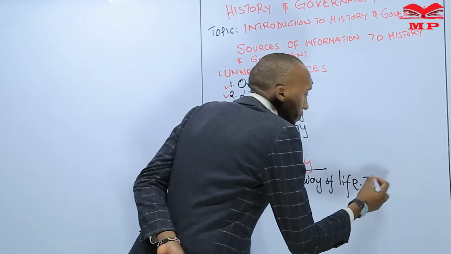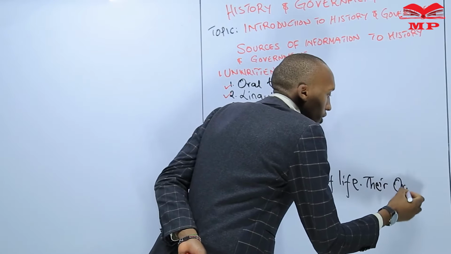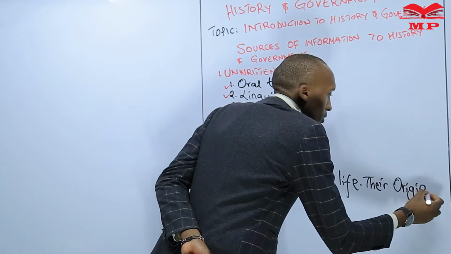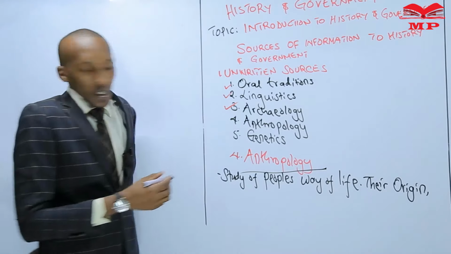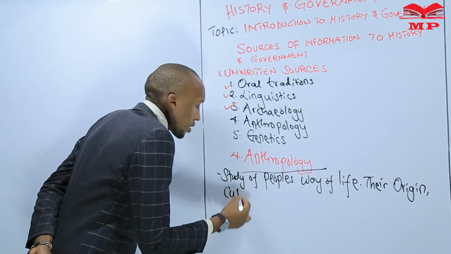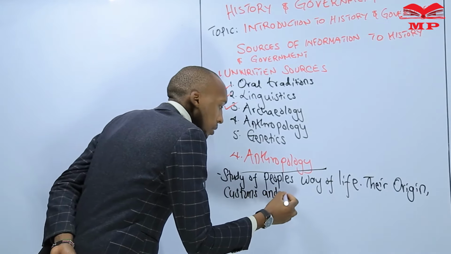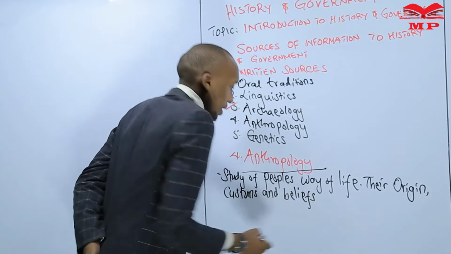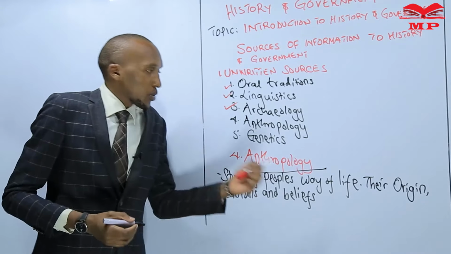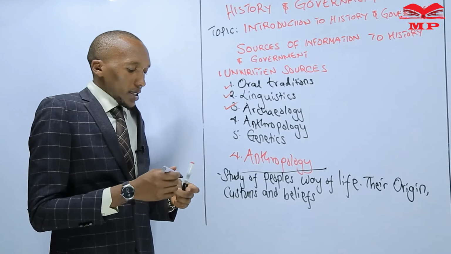Their origin, where they originated, where did they come from, their customs, and beliefs. It is the study of people's way of life, that is their origin, their customs, and beliefs.